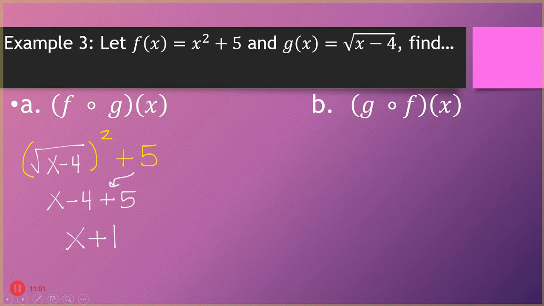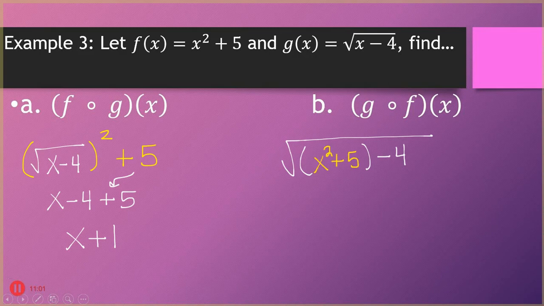Now let's go the other direction. If I take my g function and I rewrite that function. That function says take the square root of something minus 4. The something is x squared plus 5.